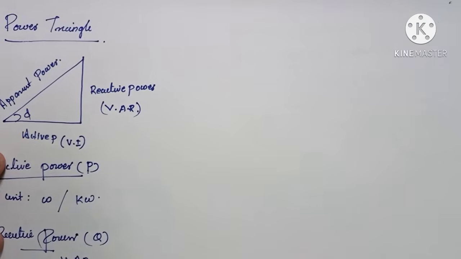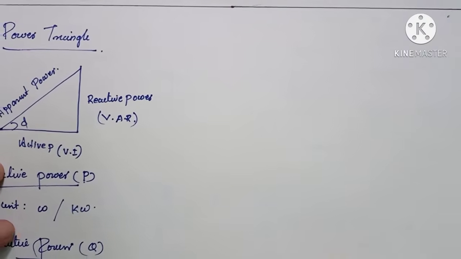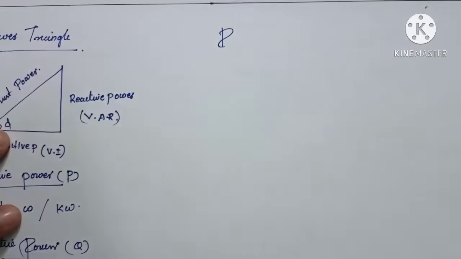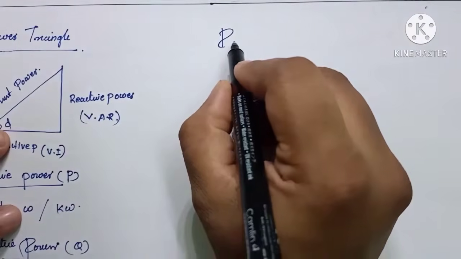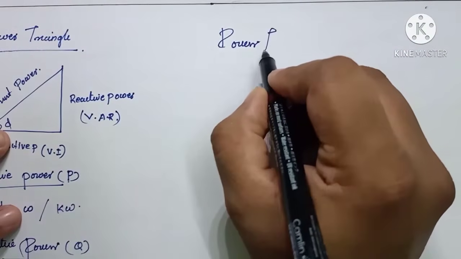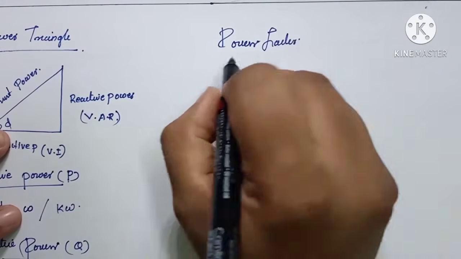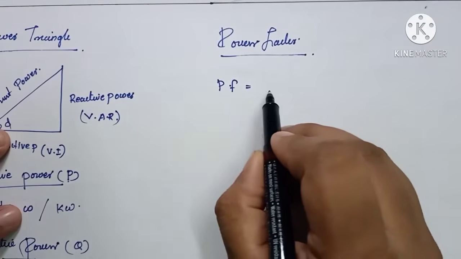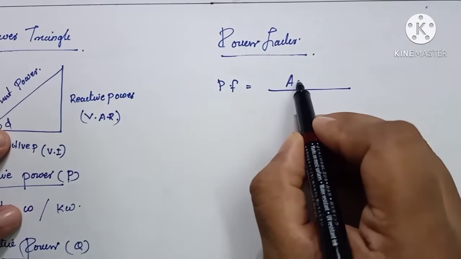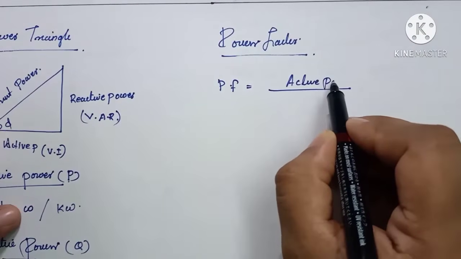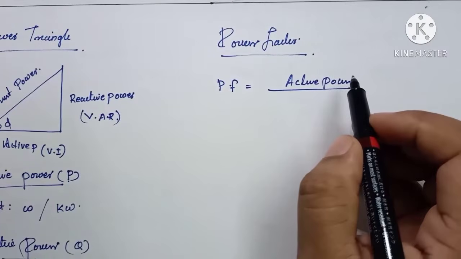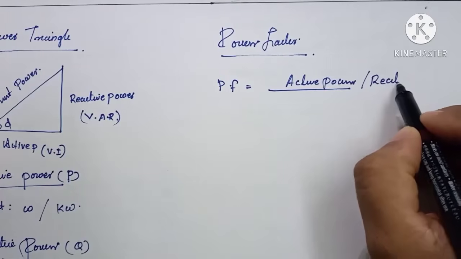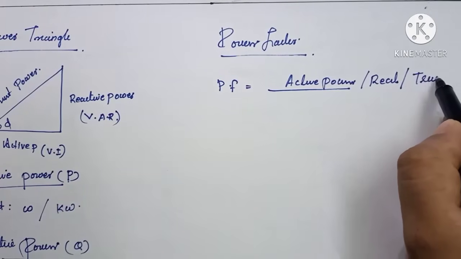And based on this concept, we can think about an important point, that is power factor. Power factor is nothing but the ratio of active power. Okay, another name for active power will be real power or true power.